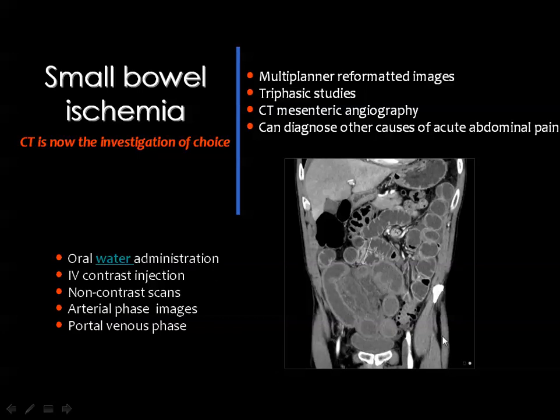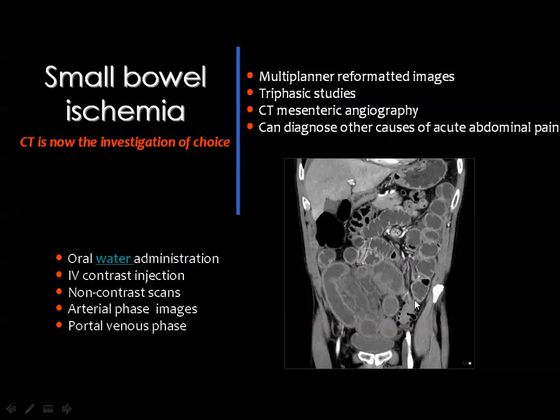And in order to reach the diagnosis and conduct the examination in a good way, it's better to give the patient oral water instead of oral gastrografin, and also to have a non-contrast scan before injecting the patient with intravenous contrast. Then inject the patient with intravenous contrast and image the patient in the arterial phase and in the portal phase in order to see the arteries and also to see the veins.